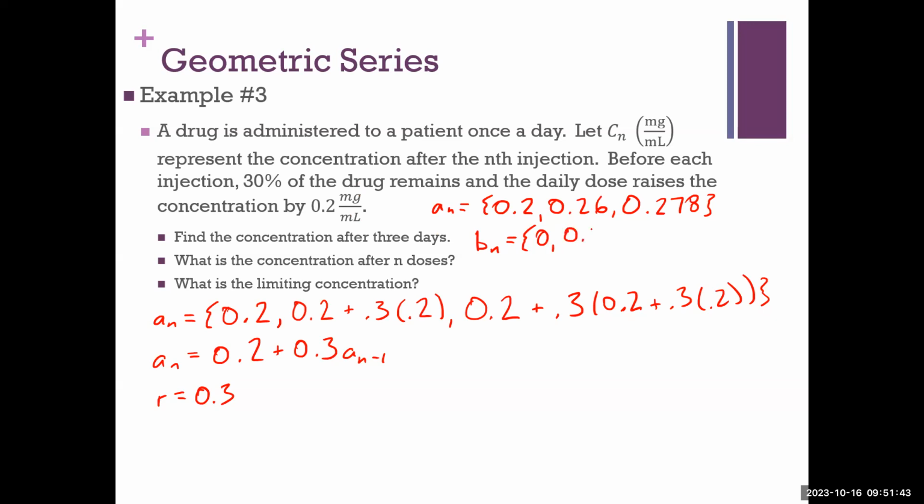So 0, 0.06, 0.078. So I don't think I can have a geometric sequence to start, if I remove the 0.